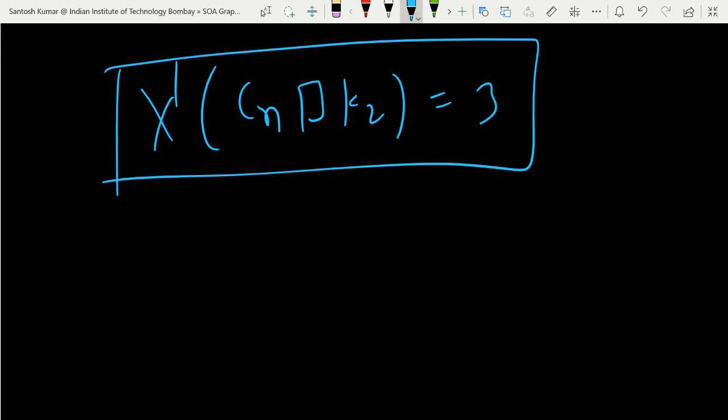So you can simply prove it because any cycle you take, be it C3, C4, C5, C6, all can be labeled with 3 colors. And you also notice that each vertex in the Cartesian product has degree 3 only.